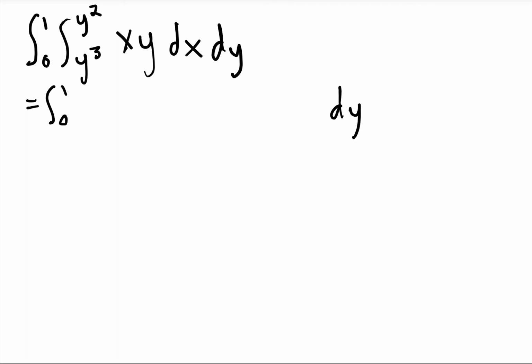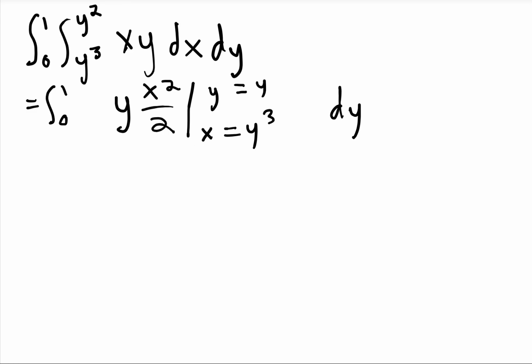If you antiderive the inside with respect to x, the y acts like a coefficient, so we just hang on to it. But you actually do antiderive the x part, so we get x squared over 2 here. This has to be evaluated between x equals y cubed and x equals y squared. If I go to substitute those things in, the top one has to go in first.